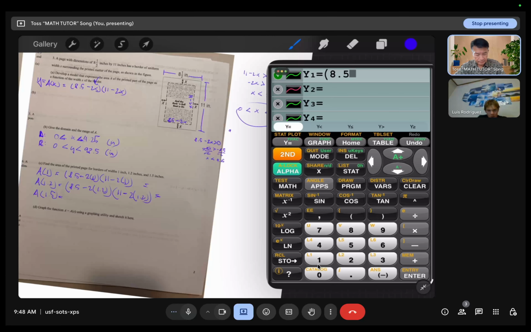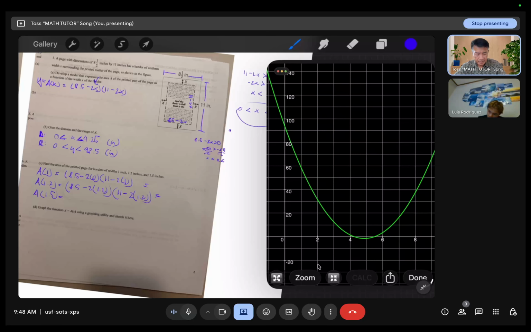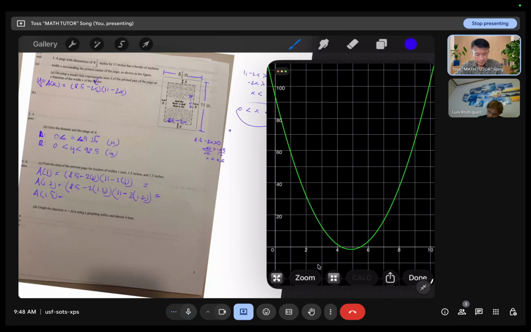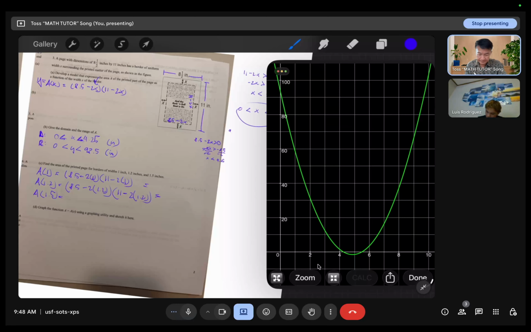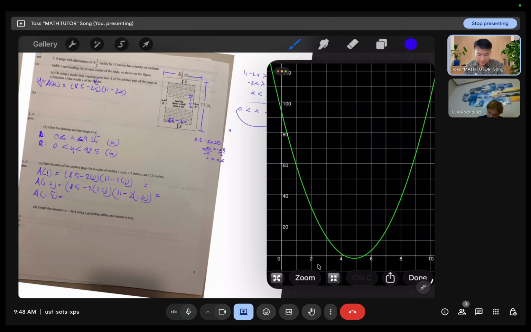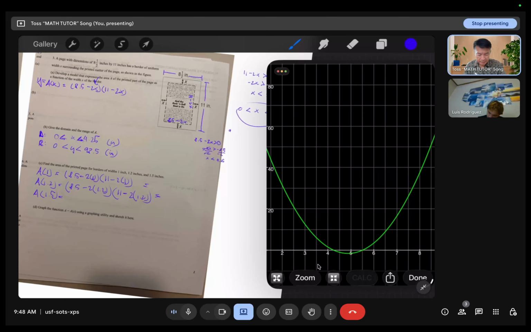8.5 minus 2x, 11 minus 2x. Graph. Here's the parabola. Let me see what you can make of it.